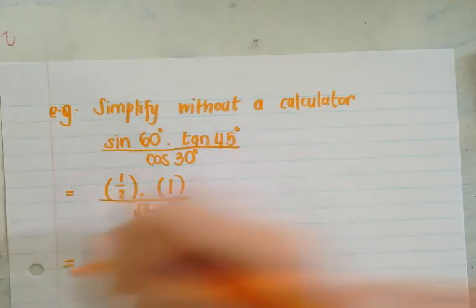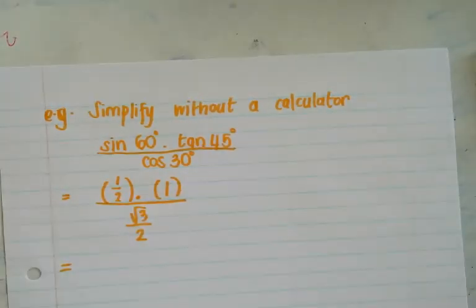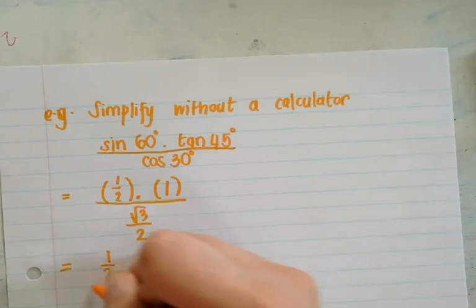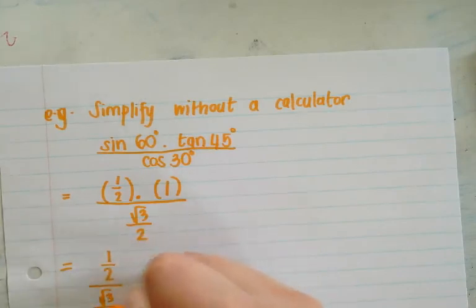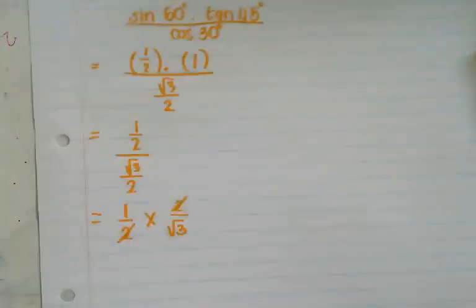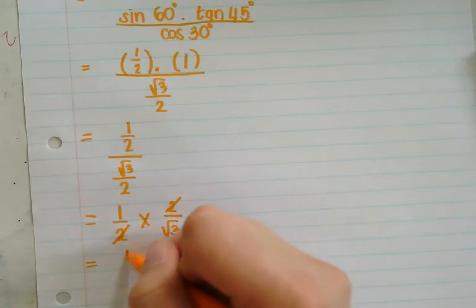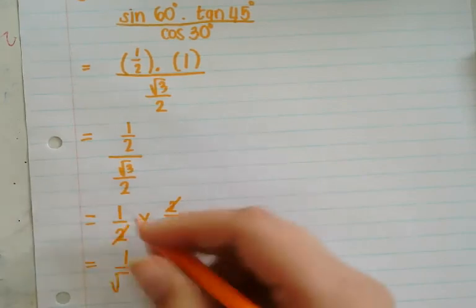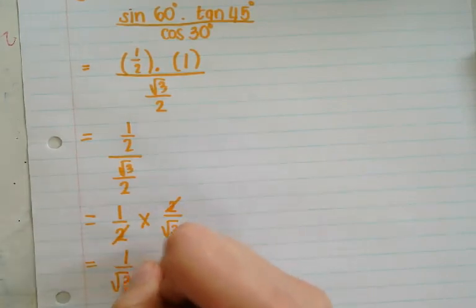So now it's just a normal simplification sum, right, with fractions. So a half times 1, a half, and I'm dividing by square root 3 over 2, which means I actually have to tip in times. Twos cancel, so I'm left with 1 over square root 3.